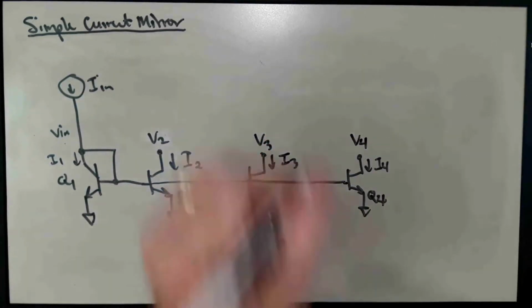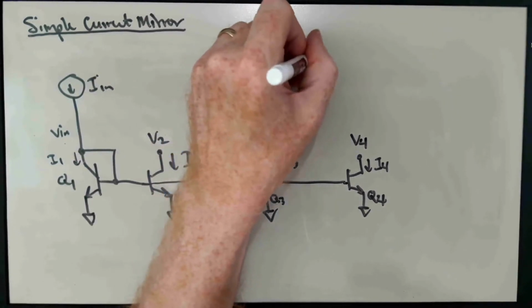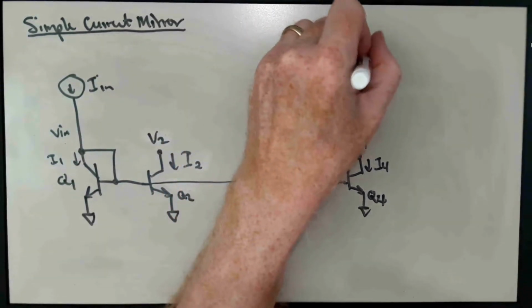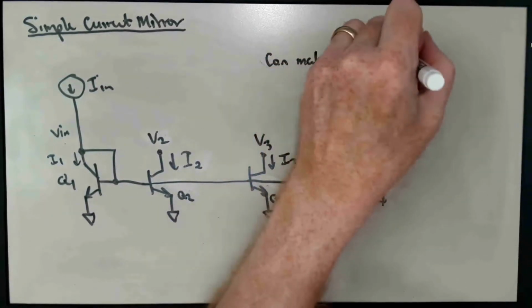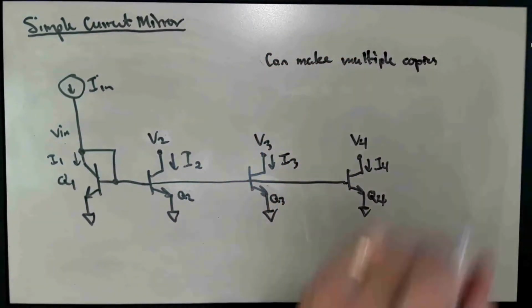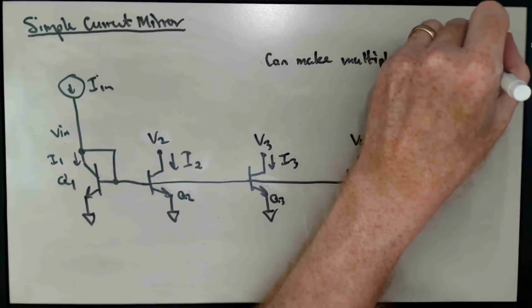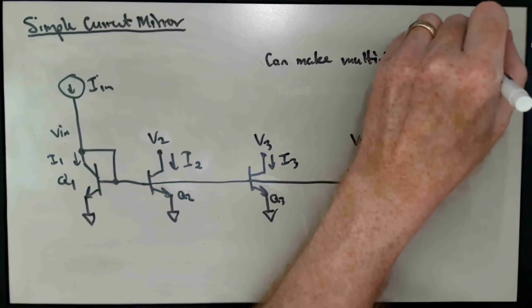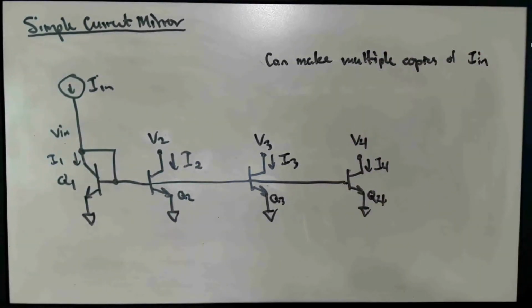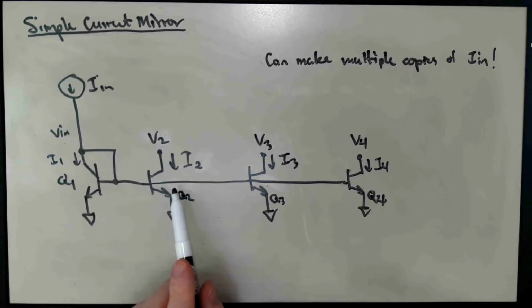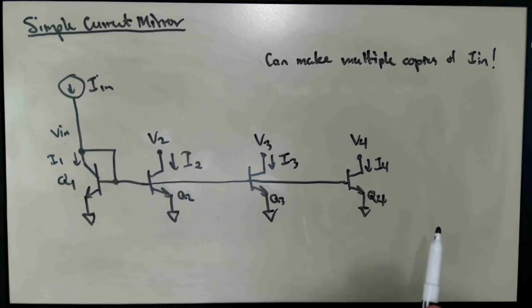So we can make multiple copies. Okay, so that may be a useful thing. These are used very often in the context of designing integrated circuits where we're interested in setting up the same current flowing in multiple branches in a circuit, and this sort of thing is very easy to do with a current mirror.